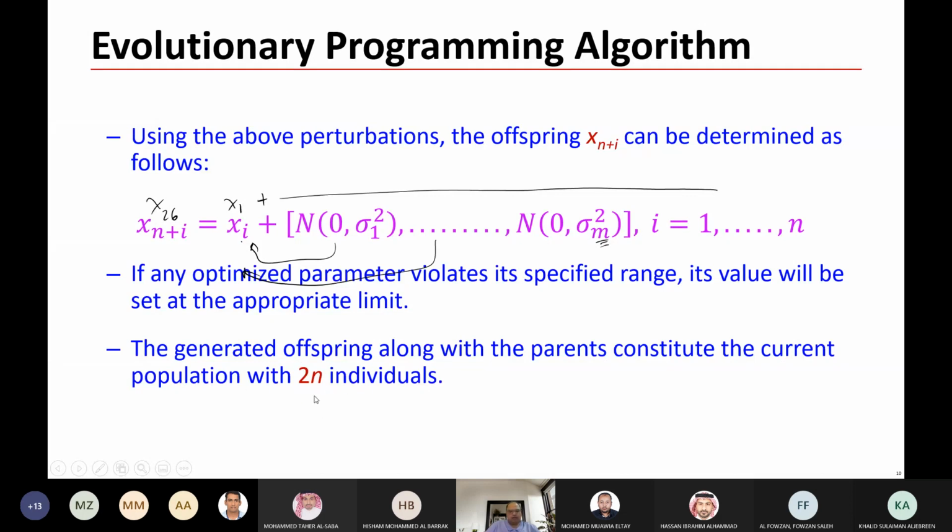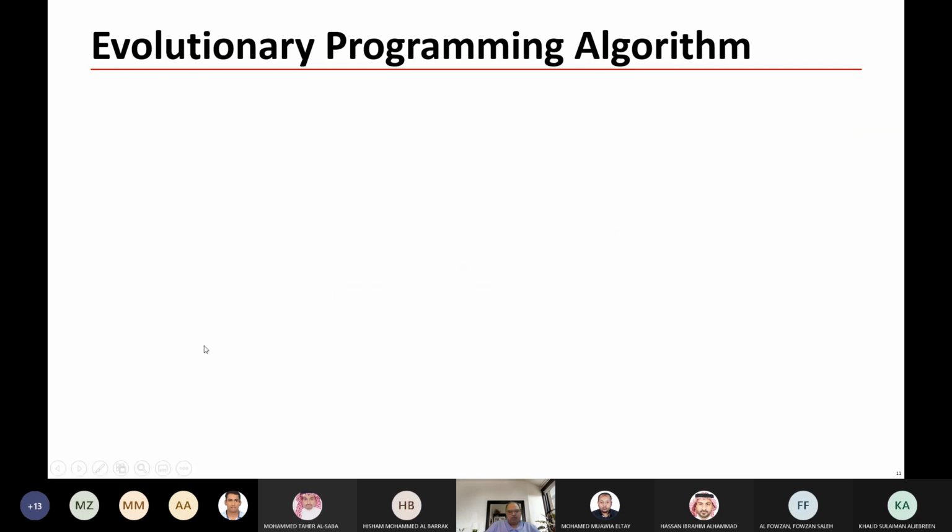Now we complete the population. And of course, once you have 26, 27 up to 50, you can calculate the objective functions of these 25 solutions again. And then you can complete now the first generation of 50 solutions.